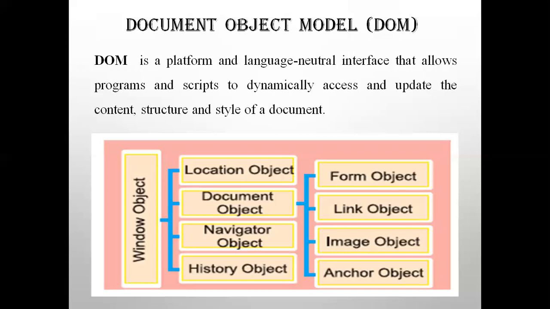This Document Object Model was founded by the World Wide Web Consortium, which works for the standardization of web technologies. According to the World Wide Web Consortium, DOM is a platform and language neutral interface that allows programs and scripts to dynamically access and update the content, structure, and style of a document.